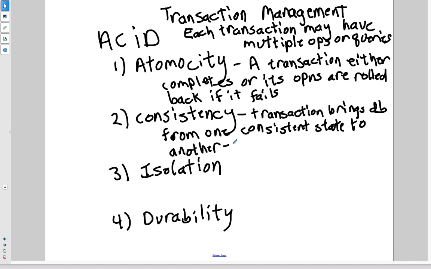Which means all constraints are satisfied and redundant data is consistent, or is not contradictory.